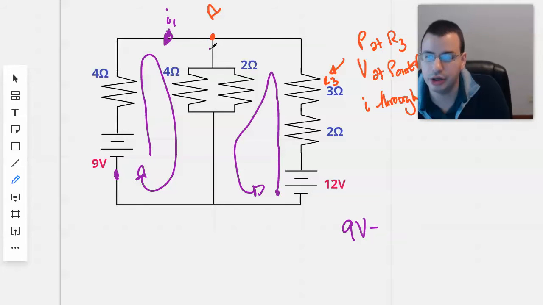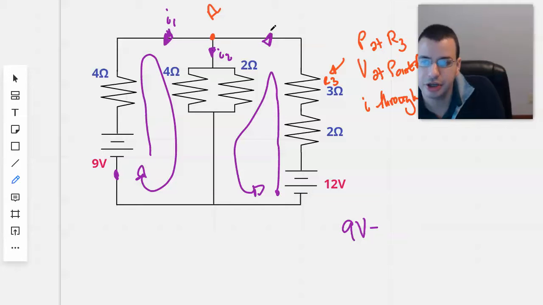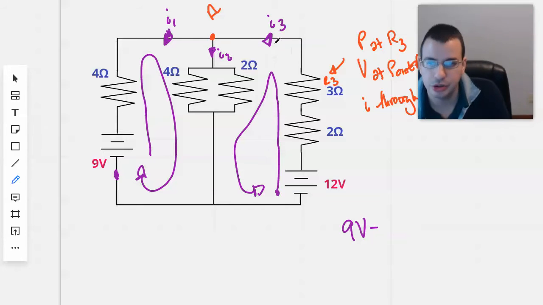I'm going to call this I1, I'll call this I2, not to be confused with the I going through the 2 ohm resistor. I'm going to call this I3. And you can see how the loops are chosen in such a way that they would follow the arrows.